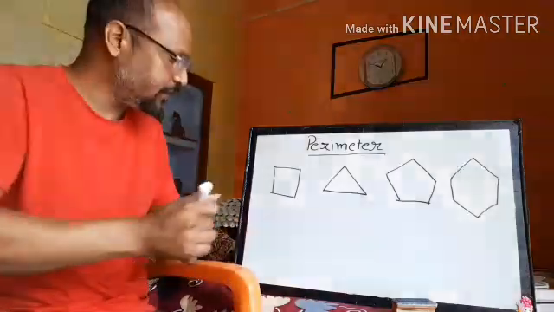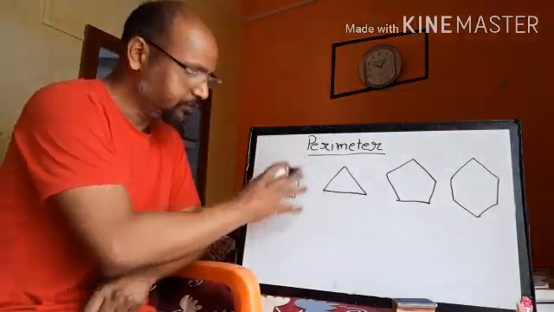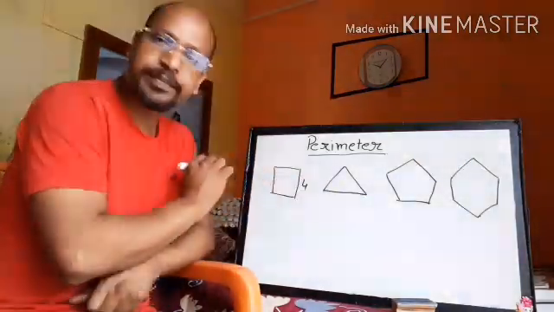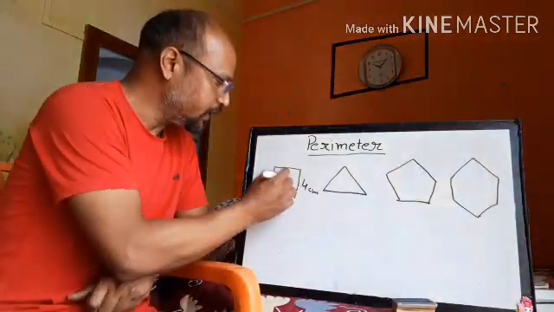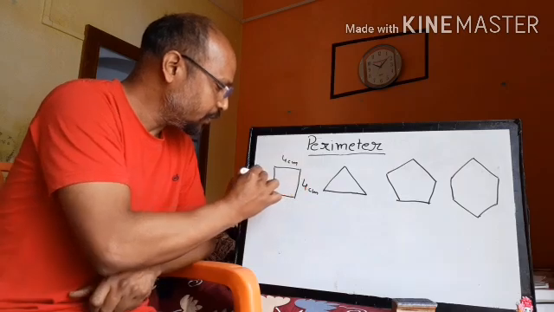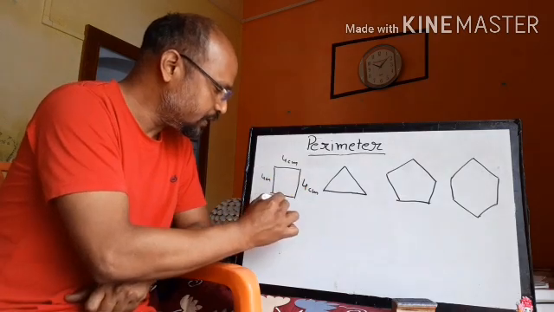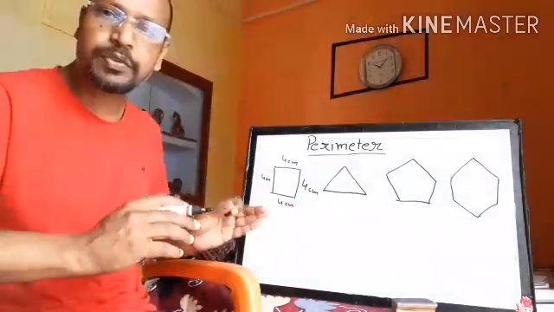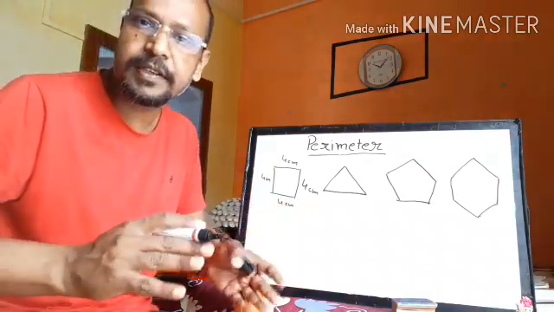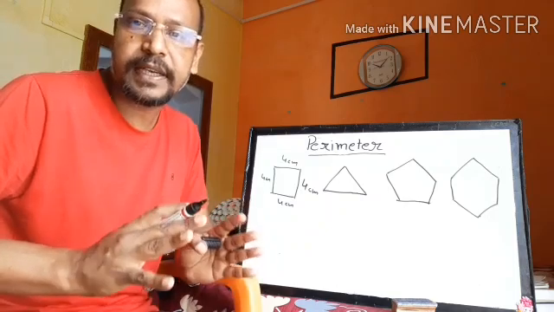Suppose the side of this quadrilateral is 4 centimeter, then the other sides will also be 4 centimeter and 4 centimeter. If I want to calculate the perimeter of this quadrilateral, the simple thing is the sum of all sides.